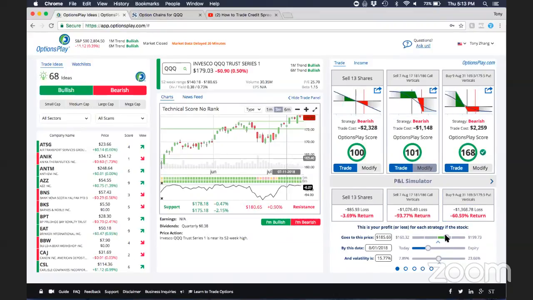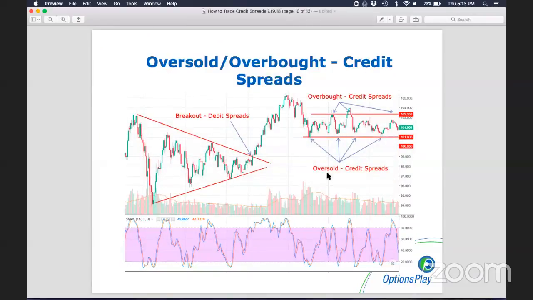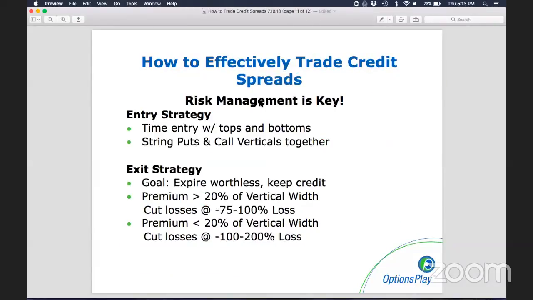And by setting hard rules like this, that tell you to cut your losses if you've reached 75 to 100% loss of the premium that you received, now you know ahead of time before you even enter the trade when you expect to get out. So very, very important piece, Peter. Great question, but that's really how you can help plan for it, and it doesn't become a surprise to you.